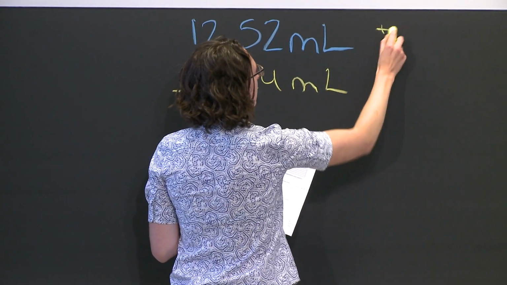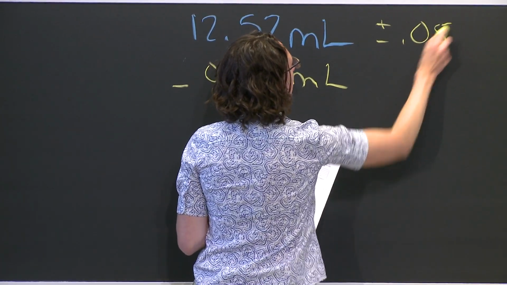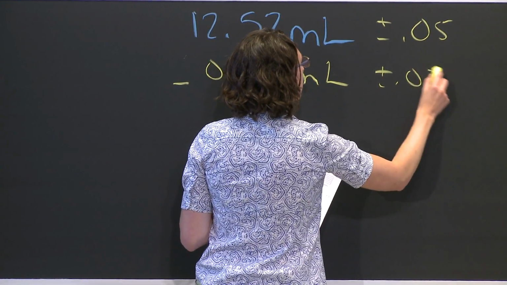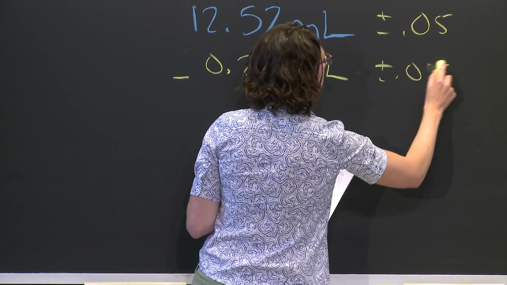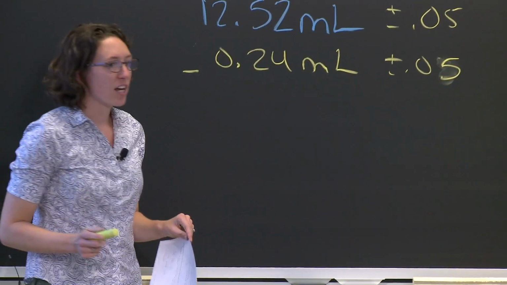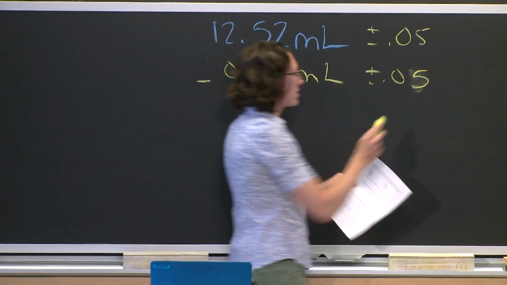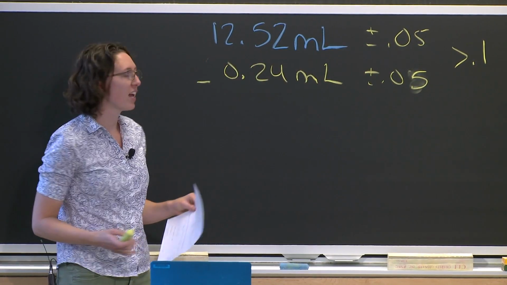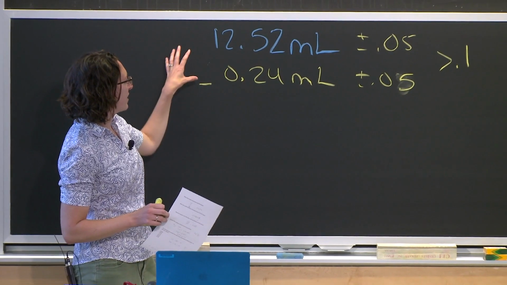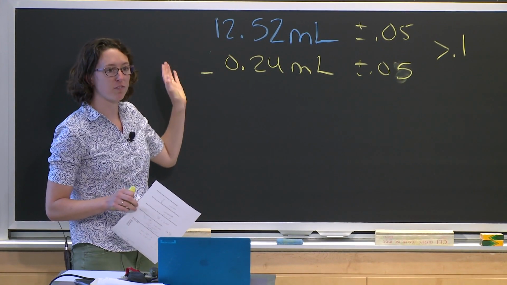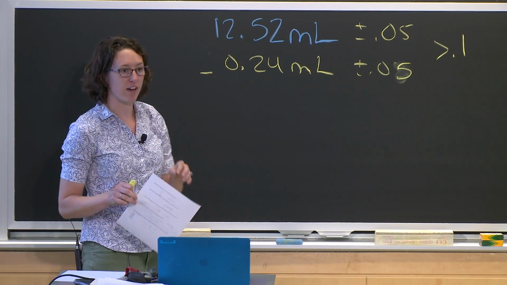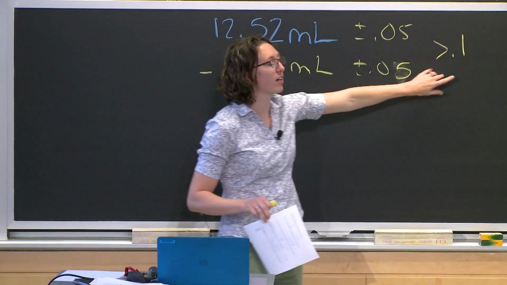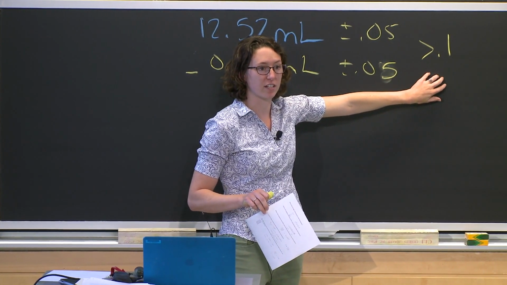And each of these has an uncertainty of plus or minus 0.05 milliliters. So if we added up the error in these measurements, then we would get 0.1 milliliters. But it is probably pretty unlikely that both of these measurements were off by the full 0.05 milliliters. So this would tend to overestimate the amount of error in your final answer.